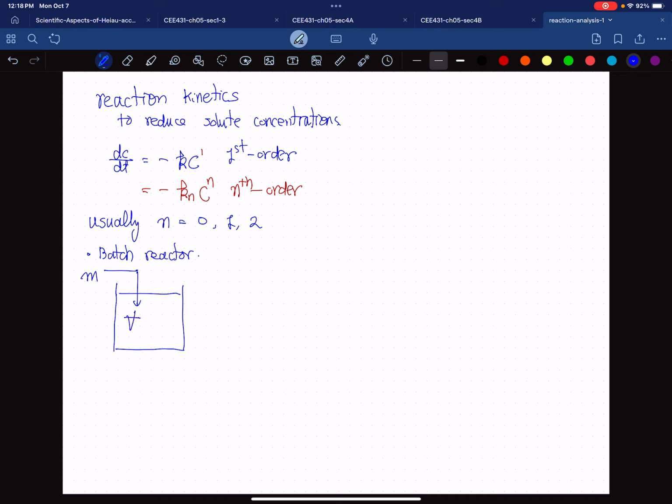So once you add a certain mass m of solute, which means pollutant or contaminant, your initial concentration C0 would be mass over volume. Okay, so this concentration would be most likely milligrams per liter, or it could be mole per liter if you convert it.